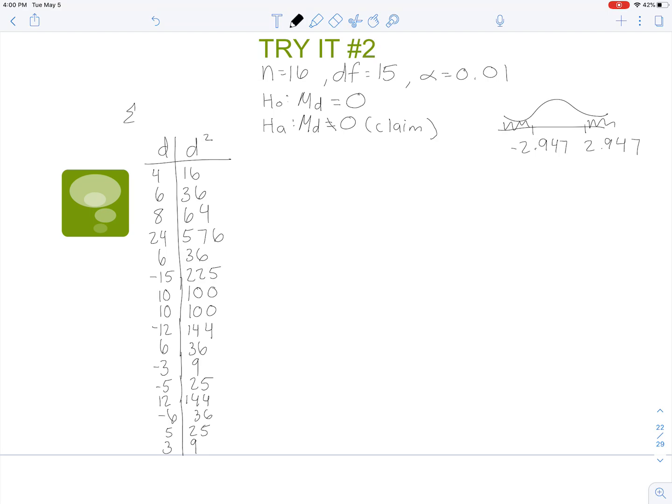So again, if we were to sum the D, I would get 53. Sum the difference squared gives me 1,581. Start by finding your D bar, which is the sum of the differences divided by the total number of pairs, 53 over 16.